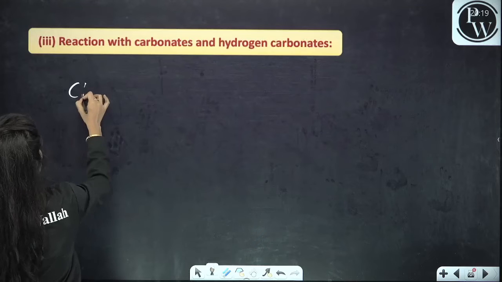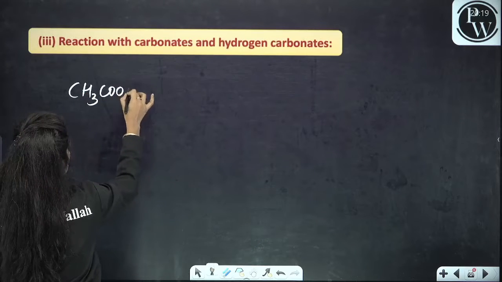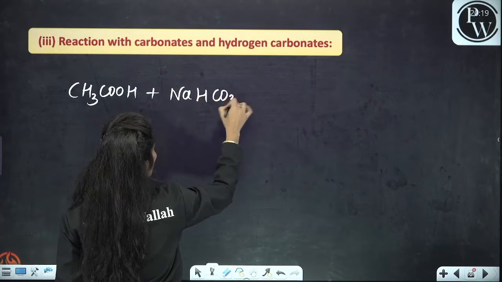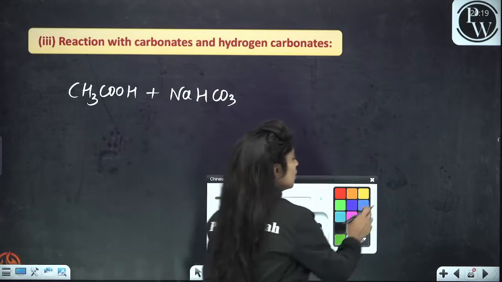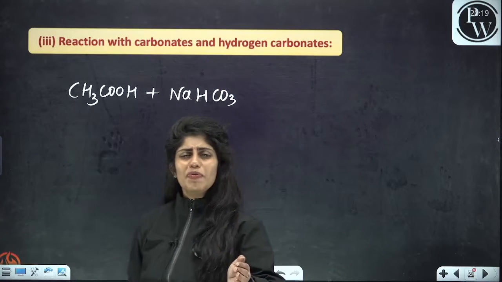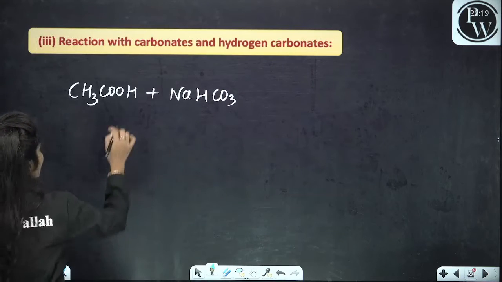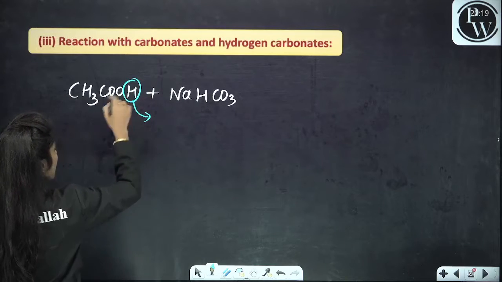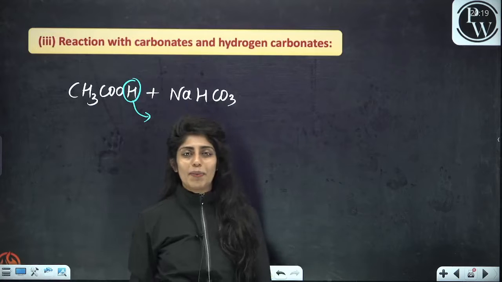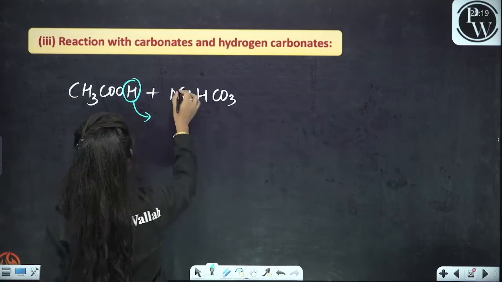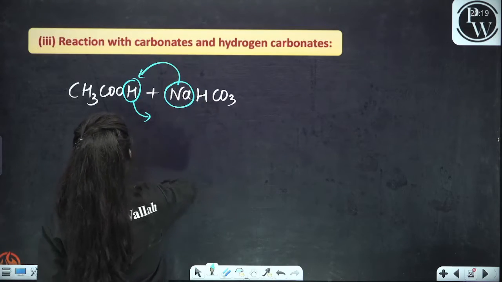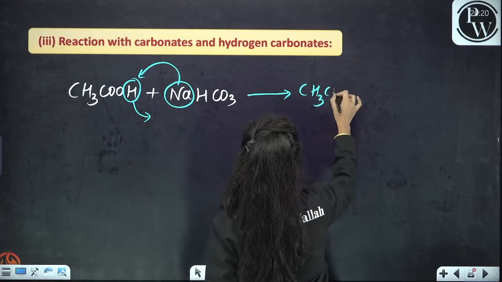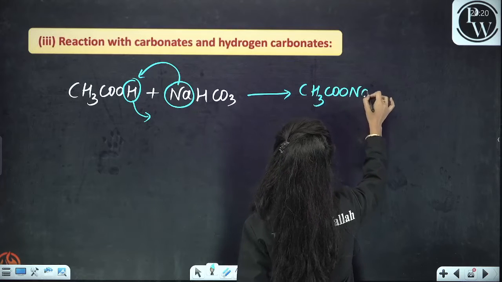Alright, we have CH3COOH. Suppose we have NaHCO3 or Na2CO3, no matter what. Both are going to react in the same way. So we have this. Again, this hydrogen is the problem for this oxygen, which wants to get rid of it. What will happen? Sodium will come out, ready to replace this hydrogen. Okay, so it will be CH3COONa. Done.